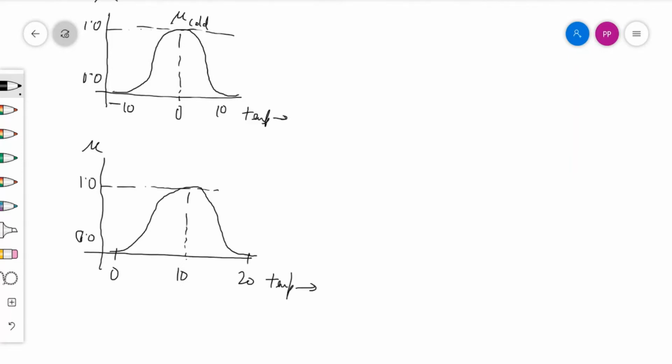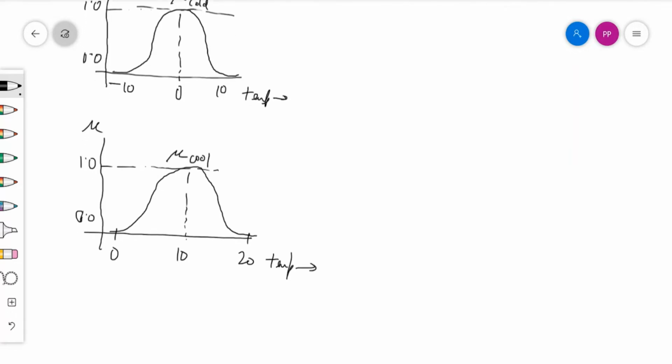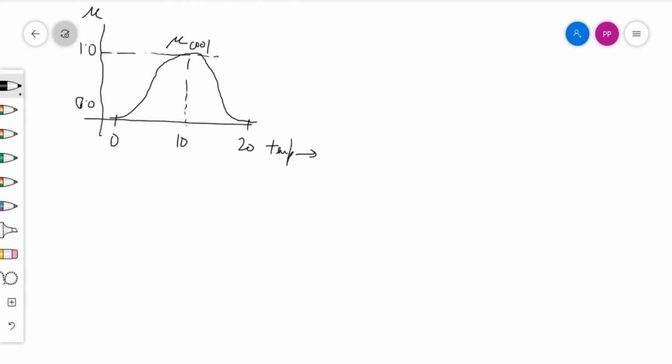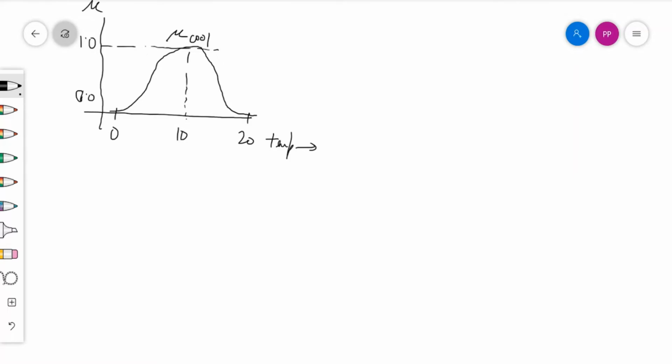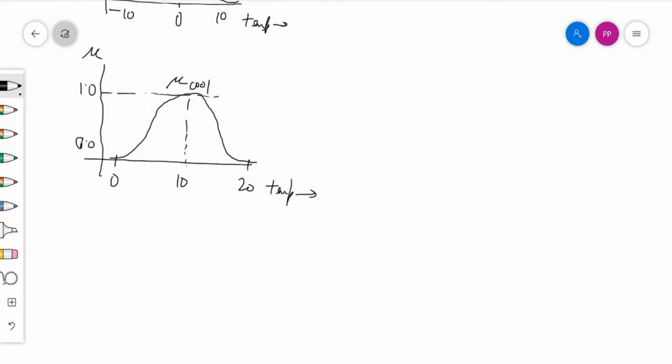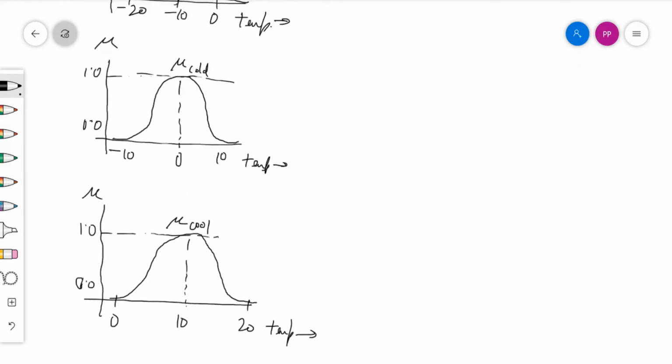Here I can define this membership function as cool, because you can say that this is quite comfortable, if not 100% comfortable. That is the room temperature of 25 degrees Celsius. So let us go a little ahead. Here we can say that this cold temperature can be cold medium. I can say this is cold medium, and this is cold small, very less.